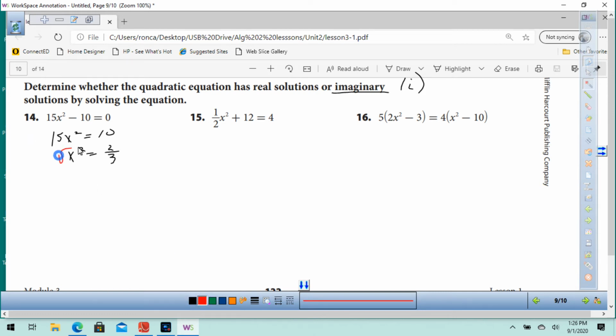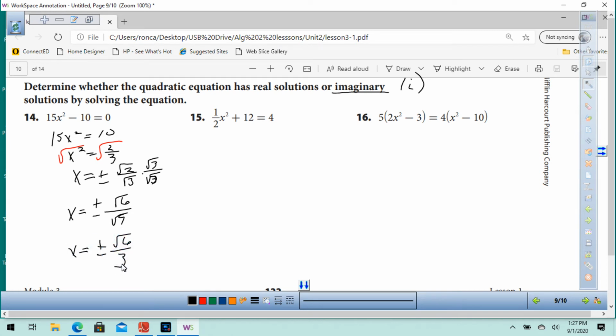Take the square root of both sides. And I got x equals plus or minus square root of 2 over the square root of 3 times the square root of 3 over the square root of 3. All right. So x equals plus or minus the square root of 6 over the square root of 9. So x equals plus or minus the square root of 6 over 3.